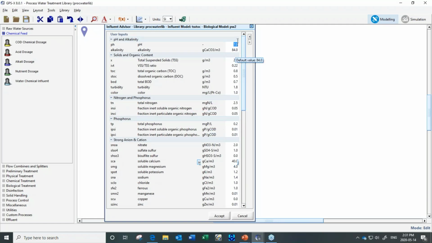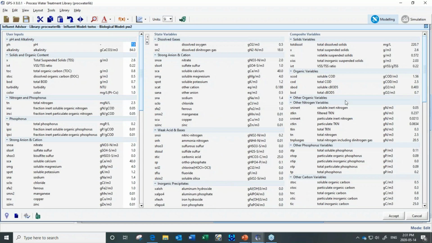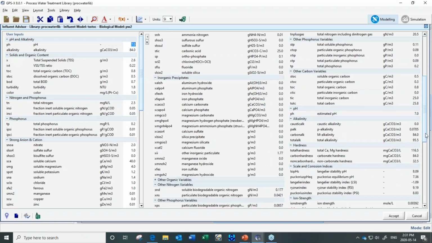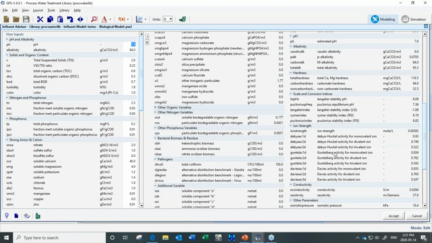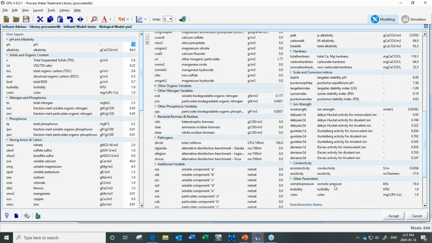And once you have defined it, on the right-hand side, it will do a lot of calculations for you as soon as you enter this information. So here we can see on the right-hand side some of the water chemistry variables that I was talking about: alkalinity, for example, different types of hardness, different types of stability indexes, ionic strength, conductivity, resistivity, and osmotic pressure.